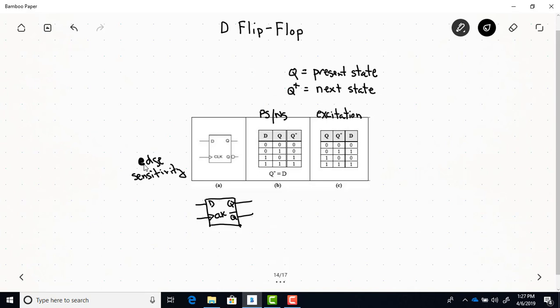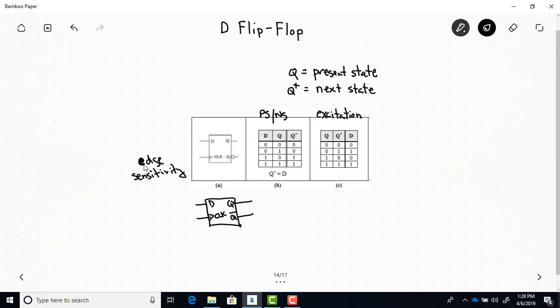And if you look at this closely, you can summarize that what this present state, next state table is showing is that for a D flip-flop, the next state of the Q output is always going to equal what the D input is. So you can see here in the top two rows that when the D input is 0, it doesn't matter what the present state of Q is, the next state of Q is going to equal 0.